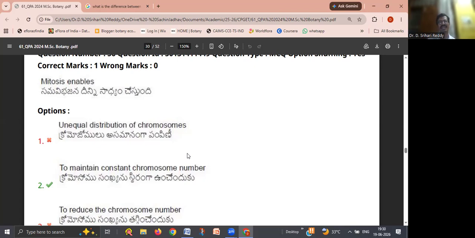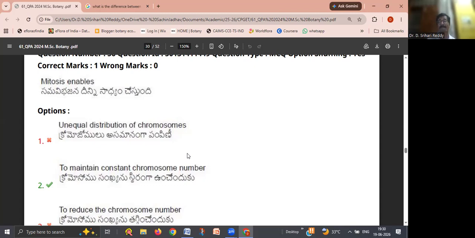So the daughter cells maintain the same chromosome number as the parent cell. In both the parent cell and the daughter cells, the same chromosome number is maintained. That is the specialty of mitosis.